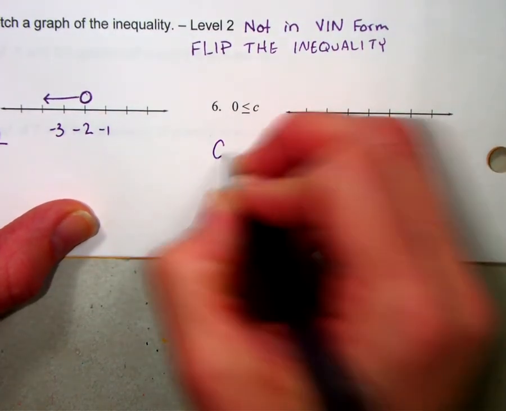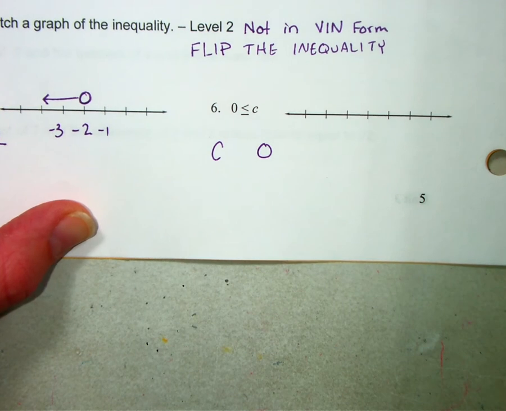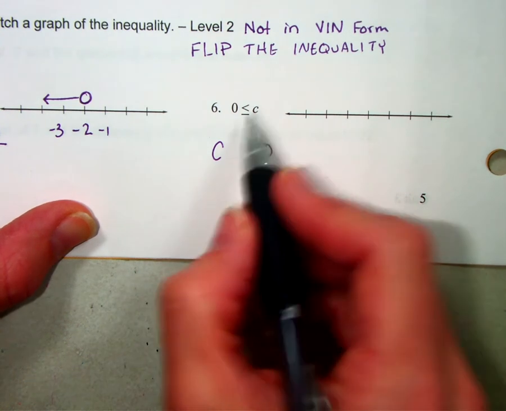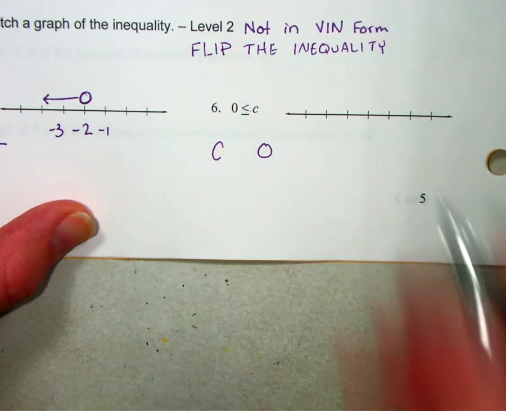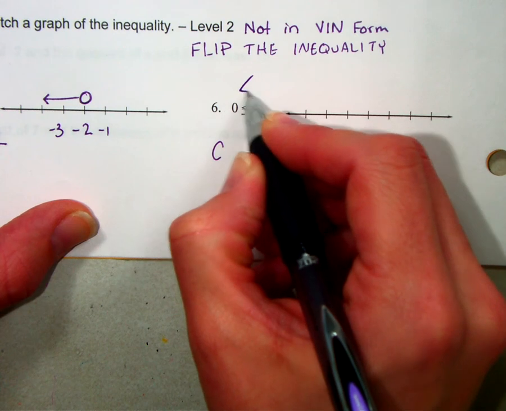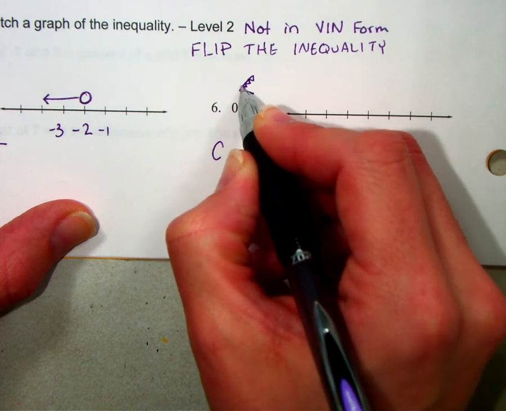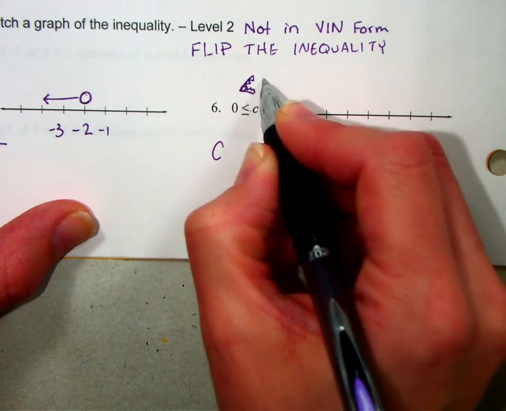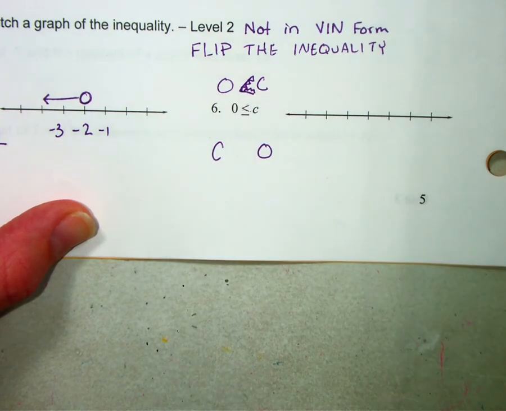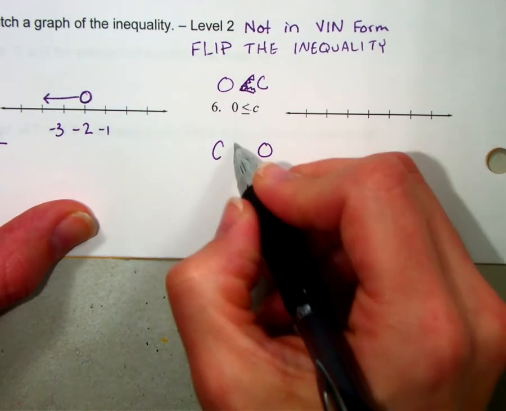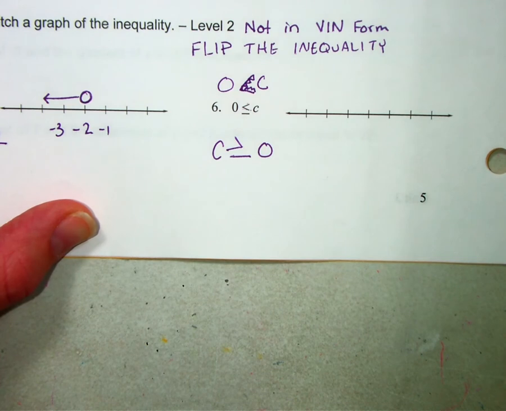The C goes first. The O is going to go second. Which way is the symbol going to point? The symbol this time is opening up. Did you ever learn that in elementary school? Like, oh, look, it's eating the big number. It's like almost put like little teeth. It's eating, on the other one when you flip it.